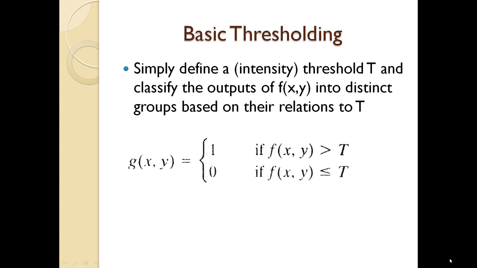If it's less than or equal to T, then it'll be categorized as 0. You might say that 1 is more intense and 0 is non-intense.